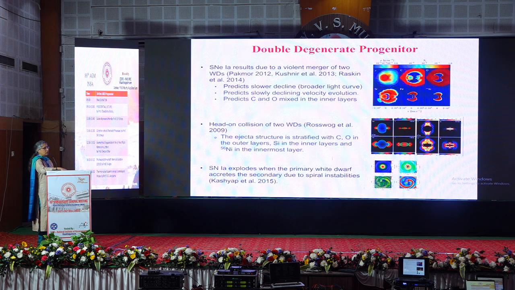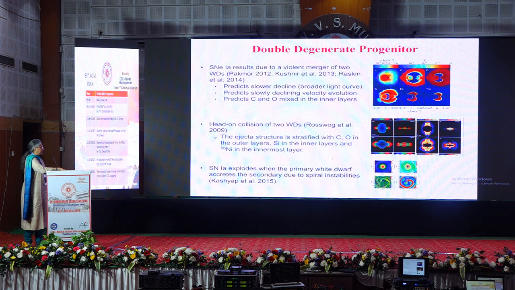They also predict slowly declining velocity evolution and mixed carbon and oxygen layers. So in this case, there is a lot of mixing of the various elemental regions. The other model is a head-on collision of two white dwarfs. In this case, the ejecta is stratified with carbon and oxygen in the outer layers, silicon in the inner layers, and nickel in the innermost layer.